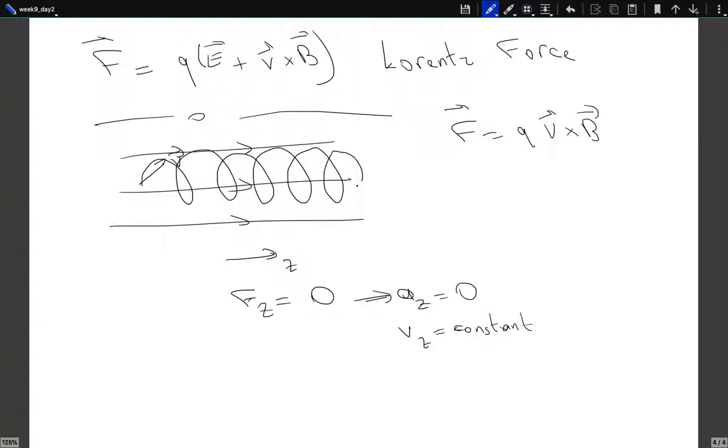In a sense, it will be just circling these magnetic field lines and move in some direction. Any questions on this? It will have a helical trajectory. It's just like a spring.